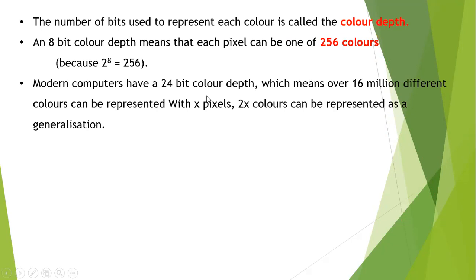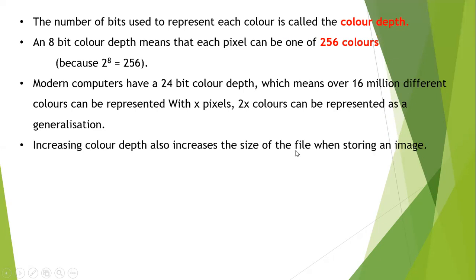Modern computers have a 24-bit color depth, which means over 16 million different colors can be represented with multiple pixels. 2 power x colors can be represented as a generalization. Increasing color depth also increases the size of the file when storing an image. As you have heard about 2K monitors or 4K, 8K LED, this is related to bits per pixel.